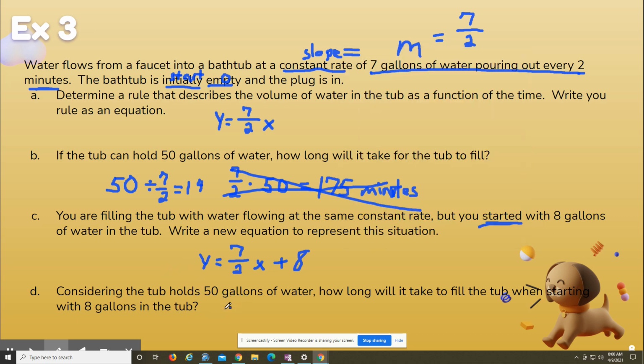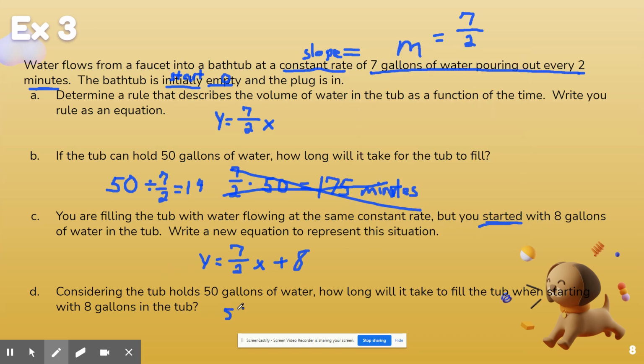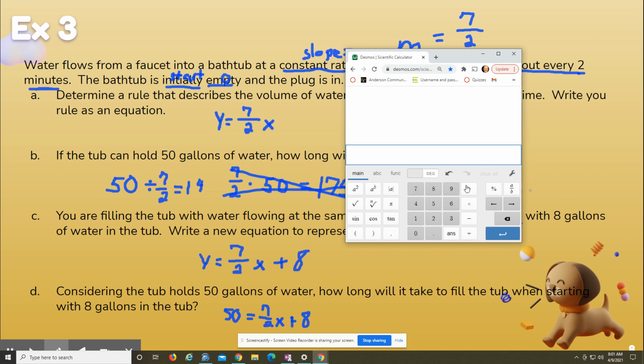So the same thing's here. You're going to put 50 in for y and 7.5 over here. x goes here plus 8. Because this now looks like an equation, you solve it just like an equation. You're going to start by taking 50 and subtracting 8.